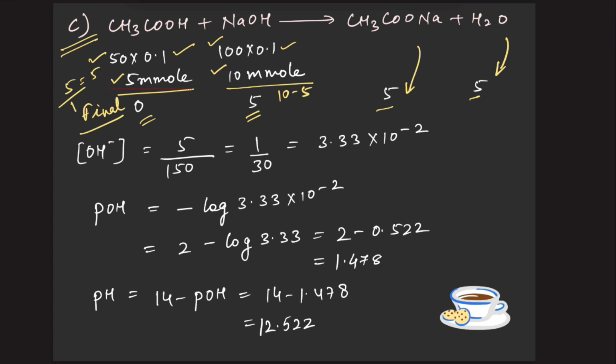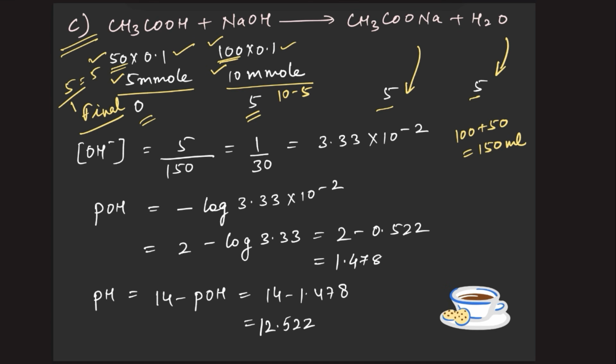Again, you can calculate OH minus ion concentration. First of all, calculate the total volume of the solution. Total volume of solution क्या होगा? 100 milliliter of sodium hydroxide is mixed with 50 milliliter of acetic acid. So total volume will be 100 plus 50, which is equal to 150 milliliter. तो OH minus ion concentration क्या हो जाएगी?